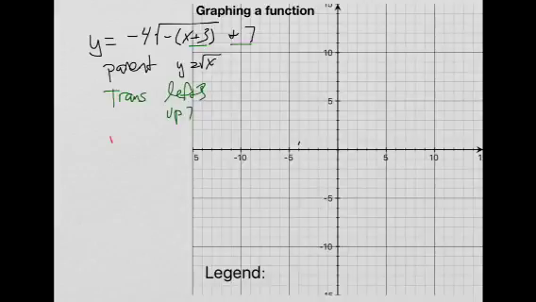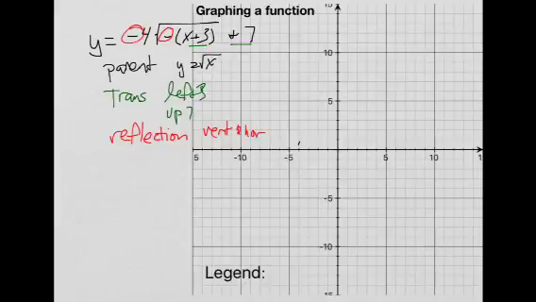I look at my reflection. I can't write fast on this. I got a negative in front here, so we know we have a vertical, and I got a negative inside by my input, so I know I have both vertical and horizontal.